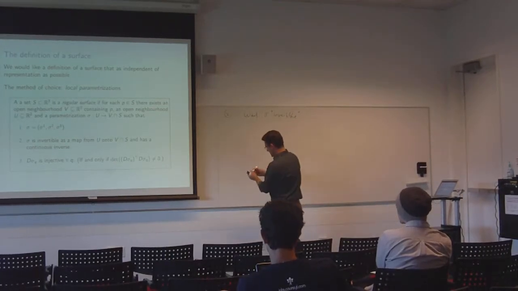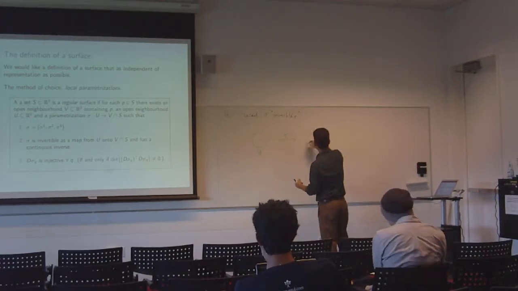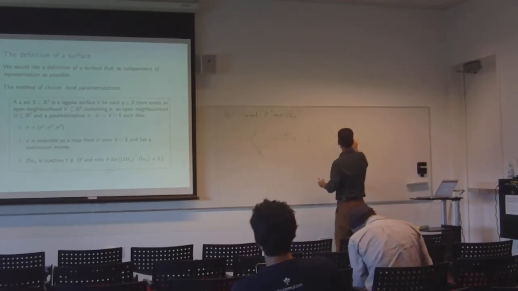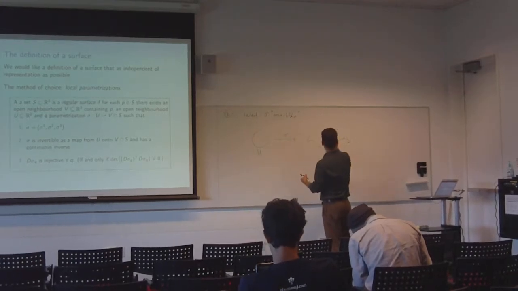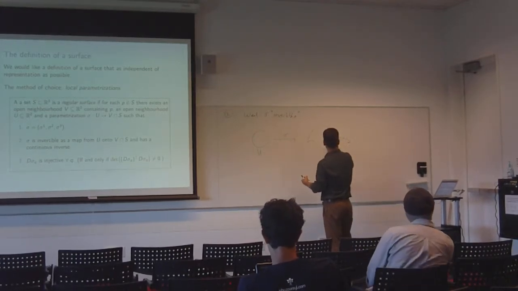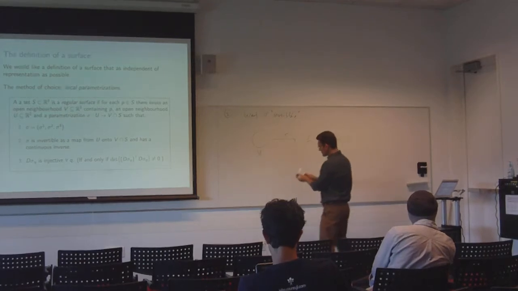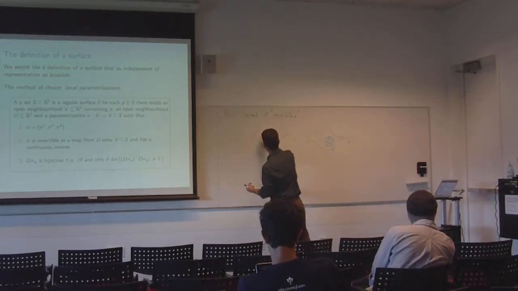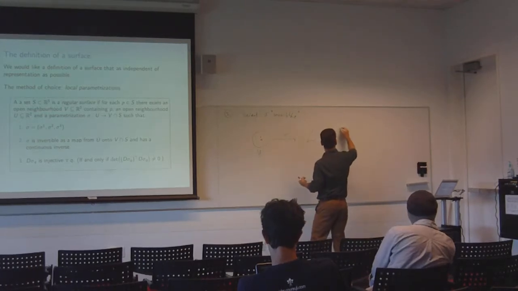So the picture is, you have U here, you have sigma going this way, and then over here you have your surface S, and this blue guy is V intersect S. So you have an invertible mapping from points here to points over here.